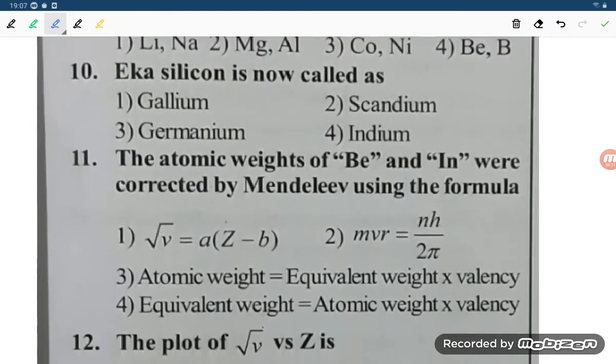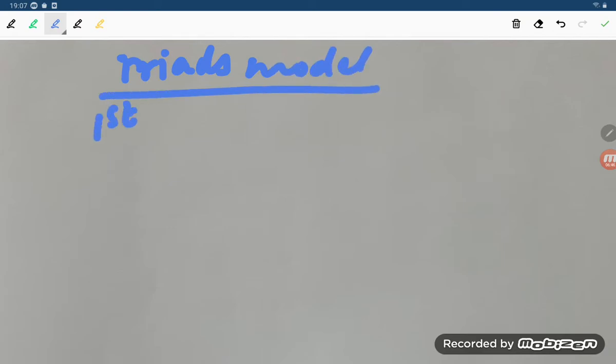For question number 6, let us come down. For better understanding I am explaining. If you talk about the triads model, he gave 3 groups. In the first triad he gave lithium, sodium and potassium.